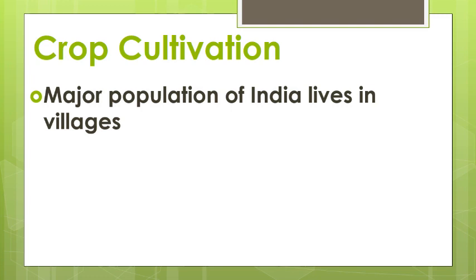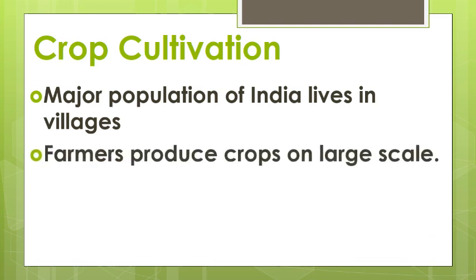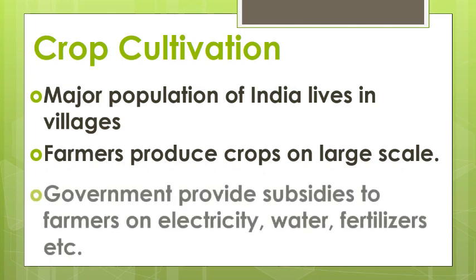So as we all know, the major population of India lives in villages and India is also said to be an agricultural country. So that is the reason the major population of India produces crops and lives in villages. Farmers produce crops on large scales.